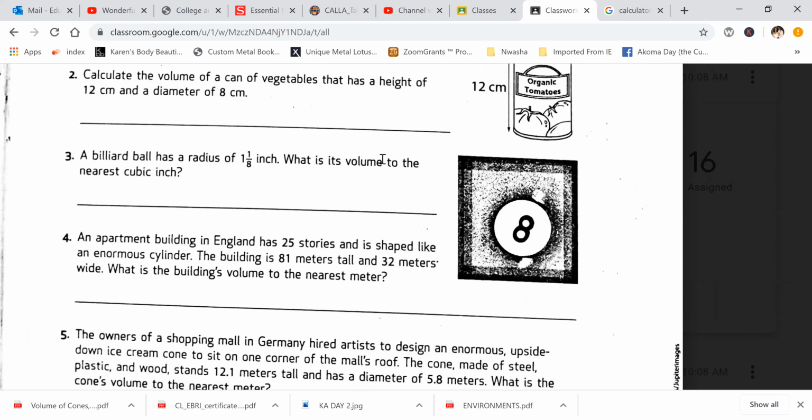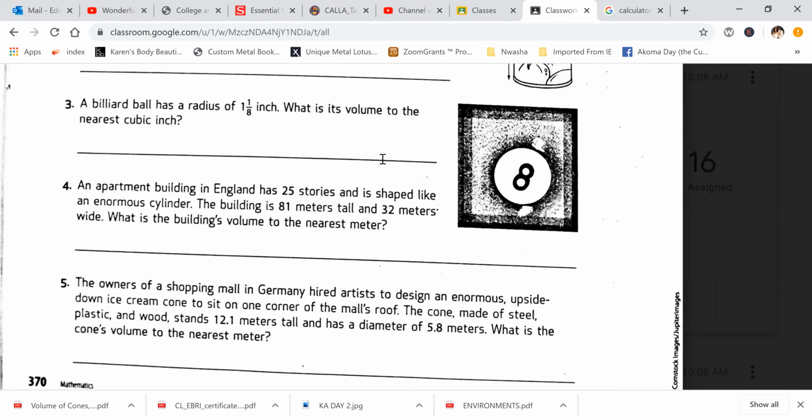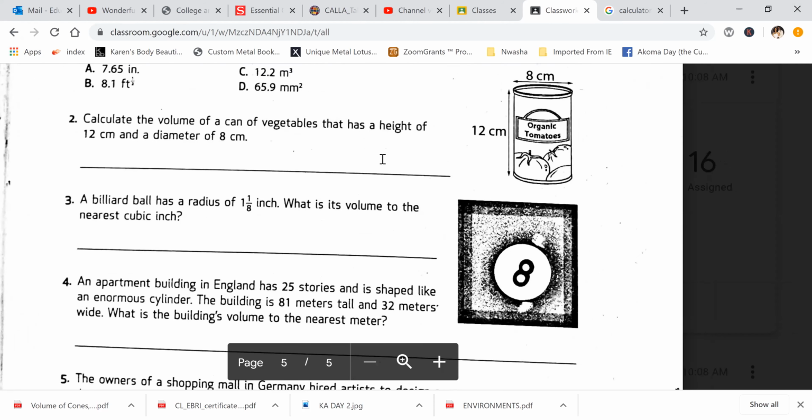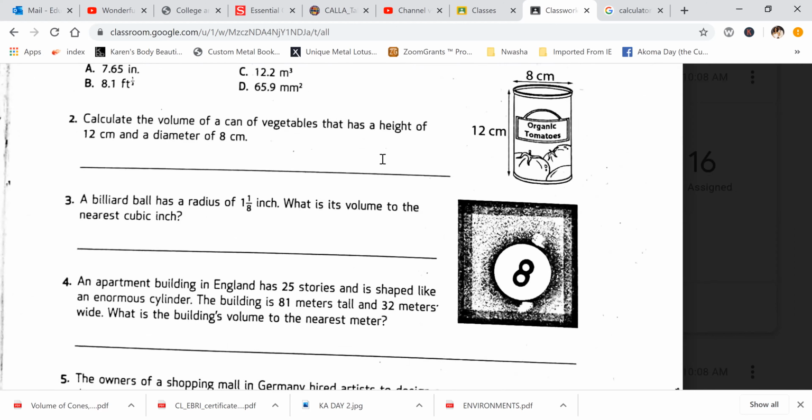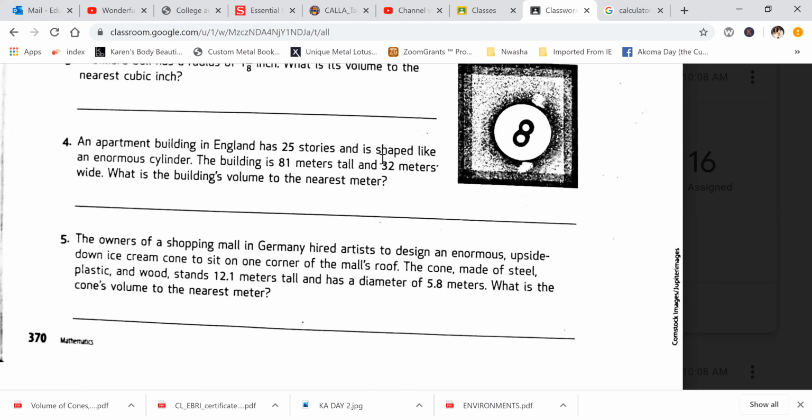Then you've got the other 4 you are calculating. So you've got 2 pictures, and then you've got number 4, the apartment building in England, and number 5, the owners of a shopping mall in Germany want to have an ice cream cone sit on the corner.